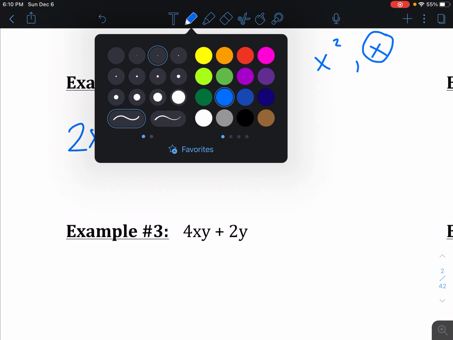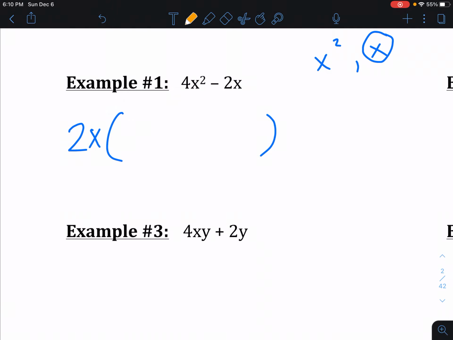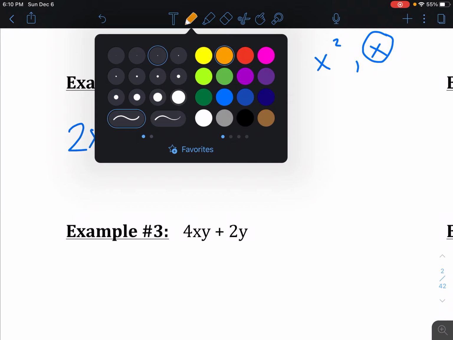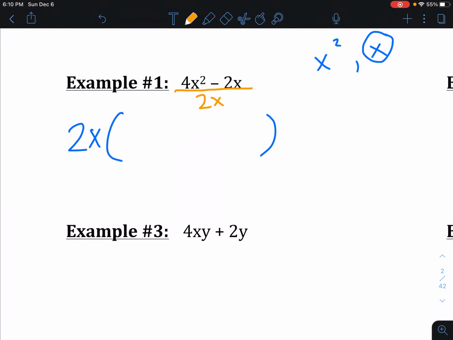Now I've got to determine what's left over in the parentheses, so I must divide each term by 2x. So 4x squared divided by 2x, well, 4 divided by 2 is 2. And then x squared divided by x, remember the rule is you're supposed to subtract the exponents when you're dividing.